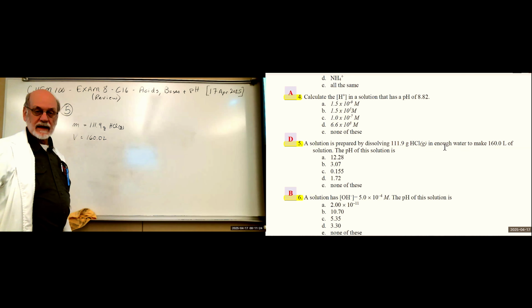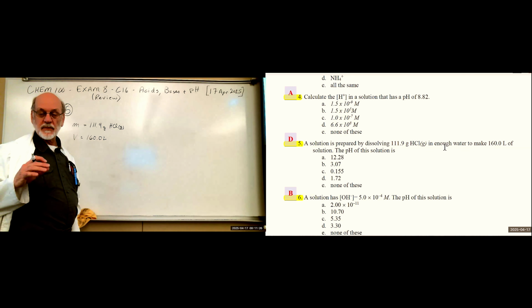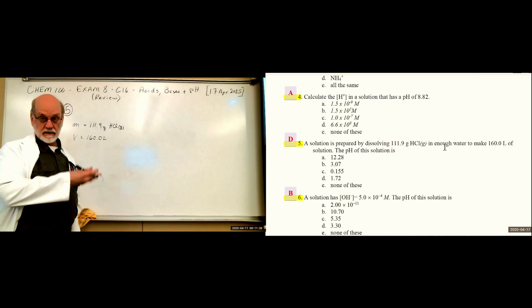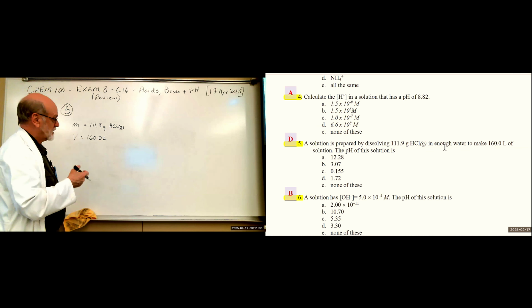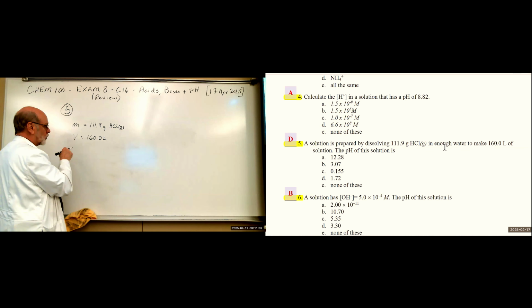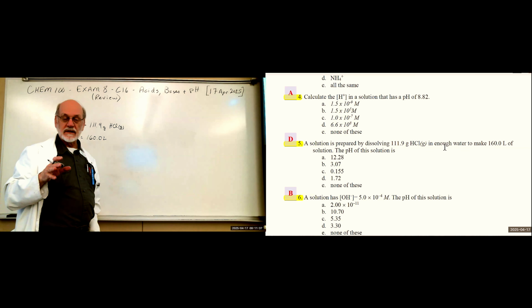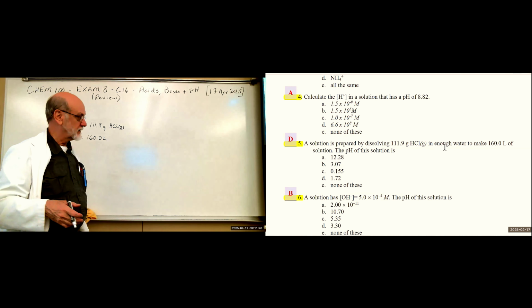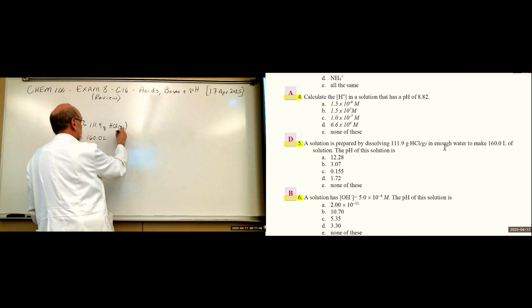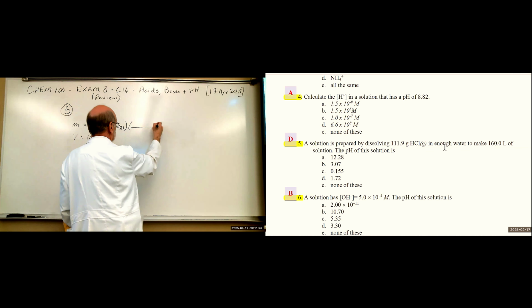Can we calculate the pH of this solution? Not with that data. We have to transform it. We need moles per liter to give us the molarity of hydrochloric acid. Then we can find the pH. So this has to be converted to moles.